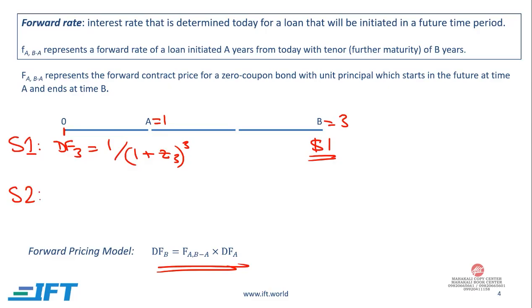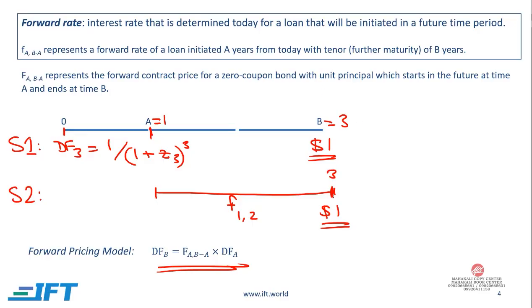So this is strategy 1. Now strategy 2 is that we get into a forward agreement. So here at time 0, we want to lock in a rate for this period. And what is the symbol for that rate? That symbol will be small f and then 1, because this loan is starting out over here, comma 2, because this is for a 2-year period. If we get $1 at the end, so this is a 0 coupon bond that gives us $1 at the end, which is B equal to 3.